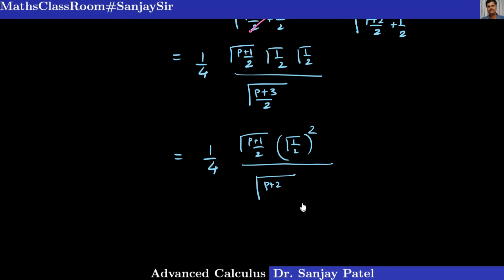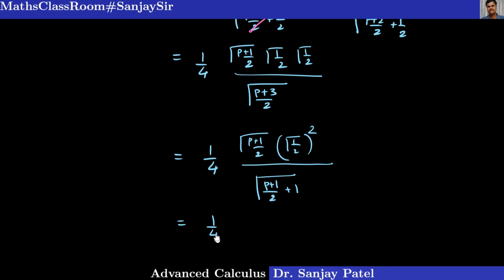Yes, let me write that 3 as 1 plus 2, so it is p plus 1 by 2 plus 1. Is it fine? And this p plus 3 we can write as p plus 1 plus 2, and then separating the denominator we can write p plus 1 by 2 plus 1.